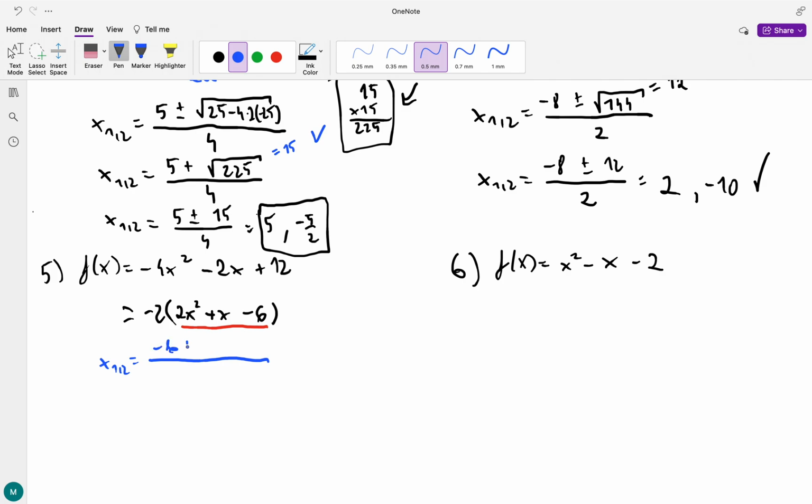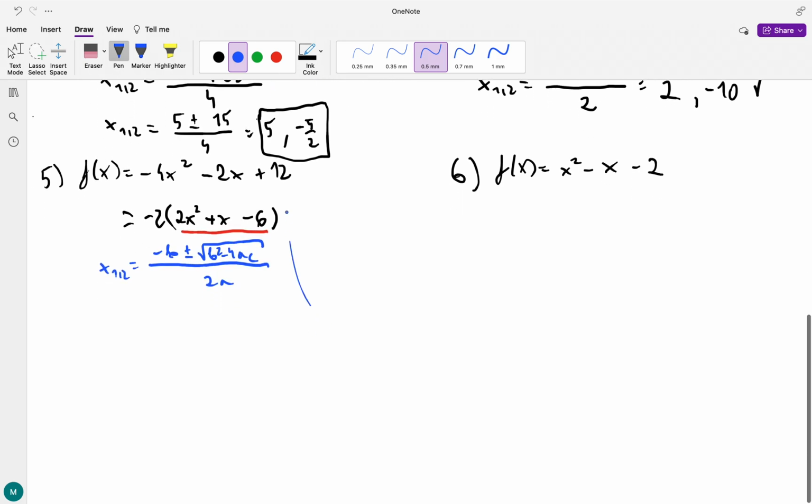Like I told you before, I really suck at factoring. So I'm just going to go with the quadratic formula. That's -b plus minus square root of b squared minus 4ac, divided by 2a. So let's switch to black and start plugging things in. Once again, we are only going to consider what's inside the parentheses. So a is 2, b is equal to +1 and c is -6.